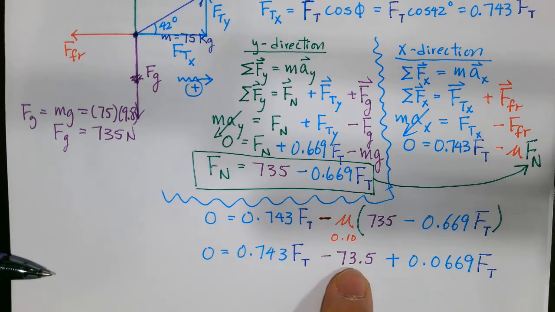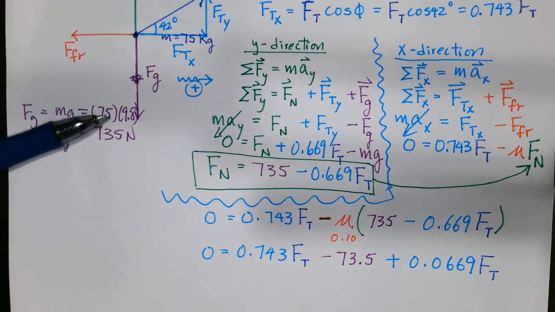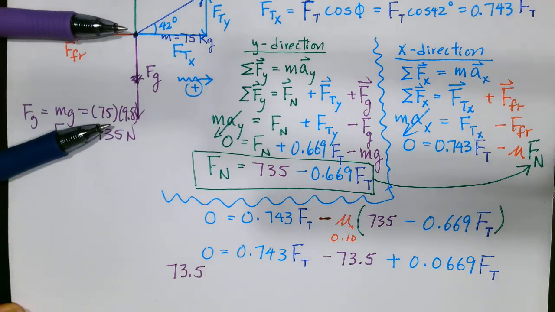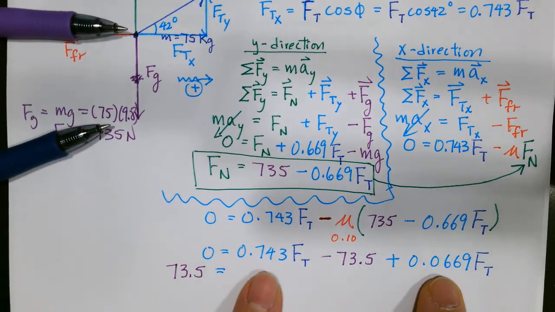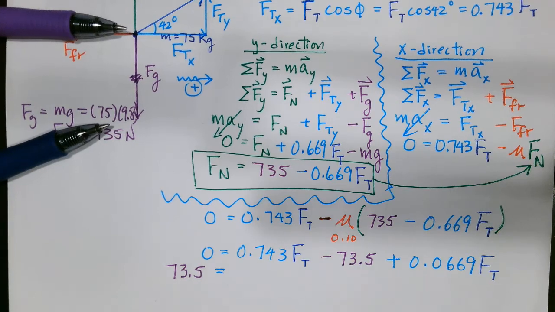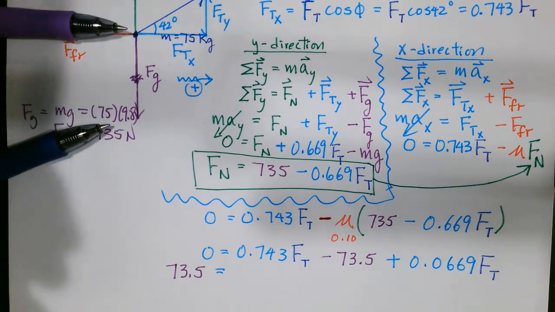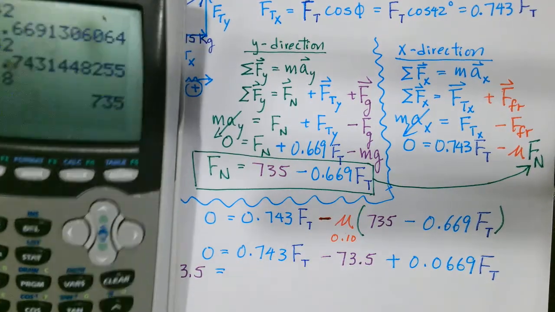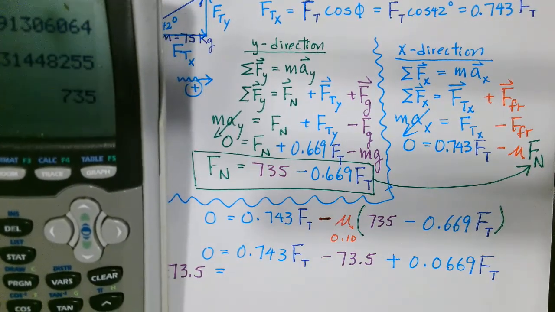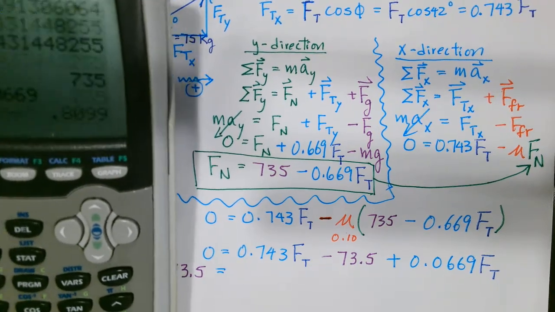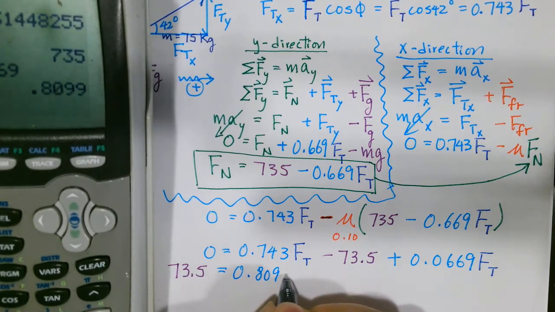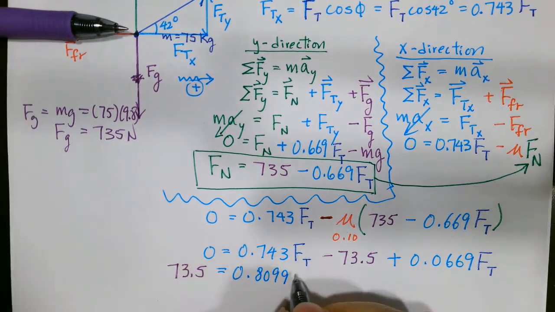So if I bring this to the other side of the equal sign, it becomes positive and is now equal to, if I add these two terms together, 0.8 something. So I get 0.743 plus 0.0669, and I get 0.8099 F tension.